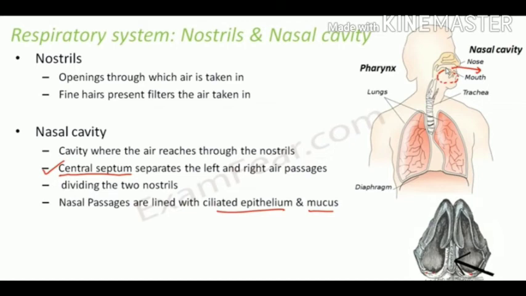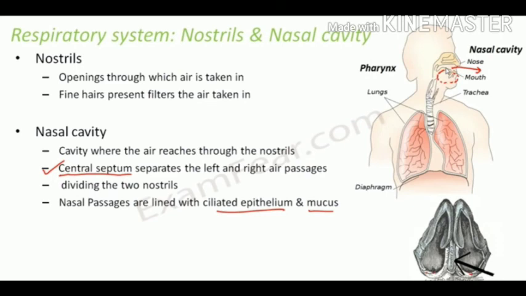It is a slippery substance. So what do they do? Mucus, being a slippery watery substance, tries to moisten the air. It tries to make the air a little moist. And what does cilia do? Cilia tries to block the dust particles and microorganisms or any kind of germ present in the air.